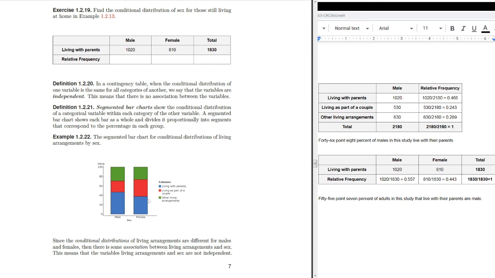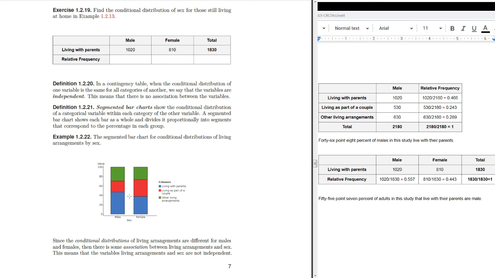Now let's compare the percentages for those that live as part of a couple, which are the red bars. In this case, we see that there is a larger percentage of females compared to males. And so this suggests that if you are female, then you are more likely to be living as part of a couple than males. And if you compare the percentages for other living arrangements, we see that they are quite similar, but perhaps a slightly larger percentage for males.